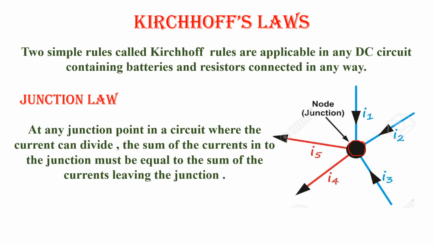For example, these three are the incoming currents, I1, I2, I3. Their sum must be equal to I4 plus I5. So I1 plus I2 plus I3 is equal to I4 plus I5. This is Kirchhoff's first law, that is junction law.